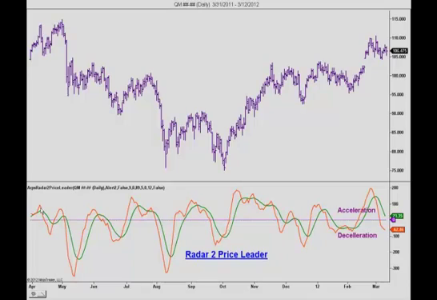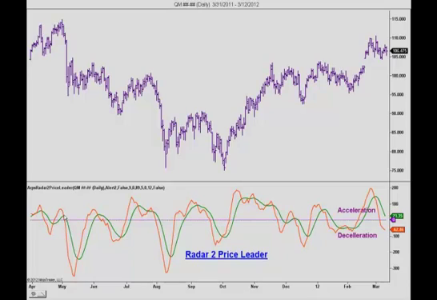What the fast line is telling us is the acceleration or the deceleration that is being applied to the momentum of price. There are a lot of oscillators that you may be familiar with out there. Momentum is one, RSI, stochastics, which are oscillators based on how fast price is moving up or down. That's pretty good information. But what I really want to know is not only how fast it is moving, but what are the forces applying to that speed?